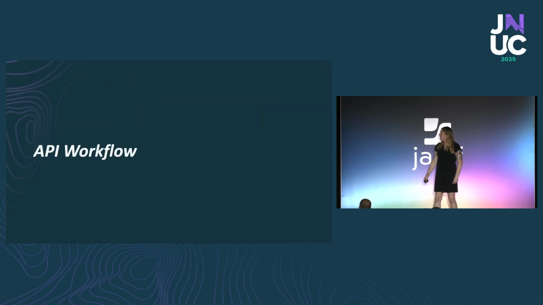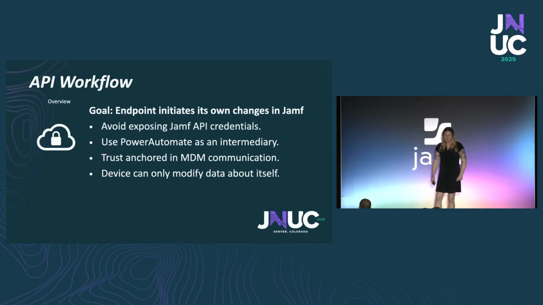So from there, I'll dive into what's going on behind the scenes. So we see that's what the user sees, or that's what the technician sees, but what is happening behind the scenes. With our API workflow, we want to make sure that we're not using Jamf API credentials on the device, right? We want to make sure only the endpoint can initiate its own changes.